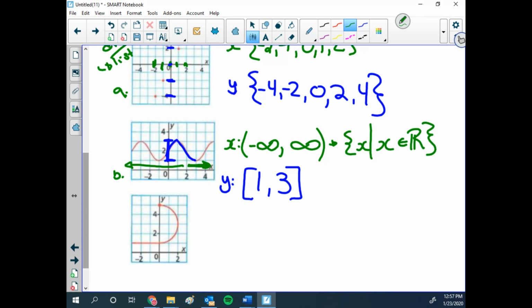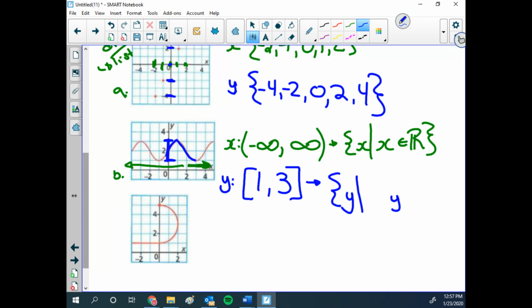Range for this one is a little bit more difficult. So I start off with the range, so I'm saying y such that, and now I have a restriction. When I'm looking at the restriction for the range, it's between two values. If we have a restriction between two values, what we do is put y in the middle.